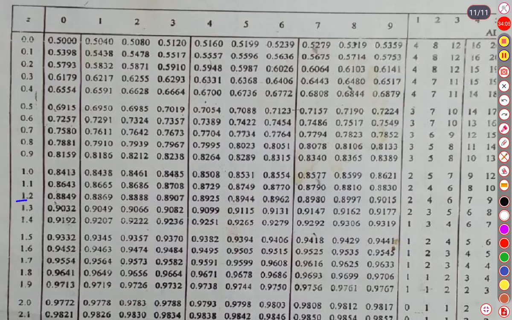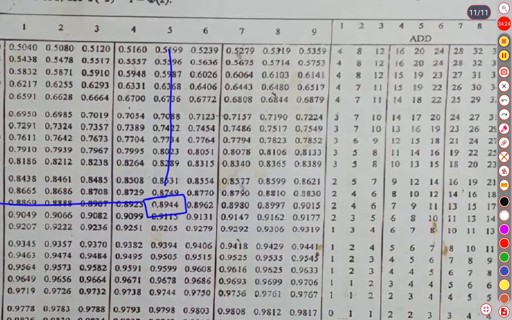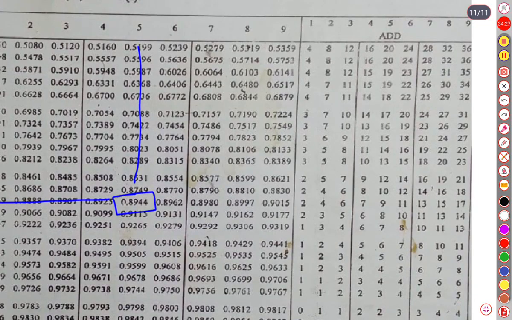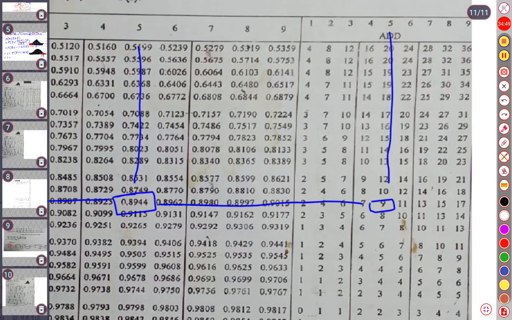So this is 1.2 and the row is this. Then 1.25, and the other 5 is over here, in the third column. So it is 0.8944, and if we add up this 9, it is going to be 0.8953, our corresponding probability.